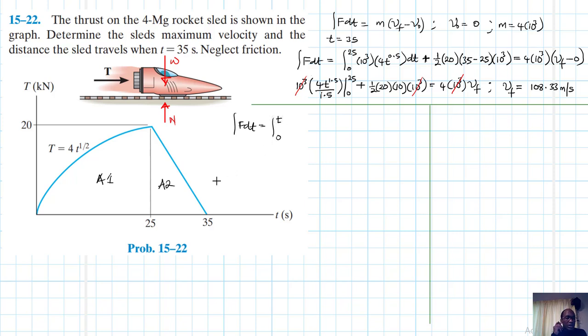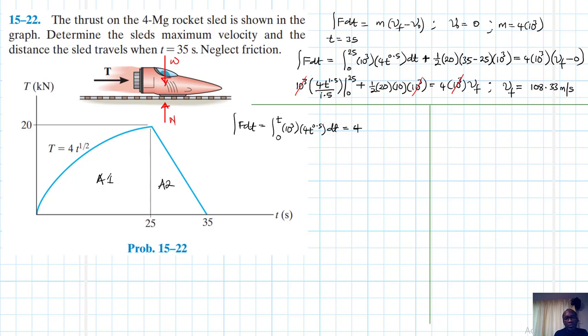So I want to write v as a function of t, because we'll later on have to integrate it. Then we have 10 to the third, then 4t to the power 0.5 dt.